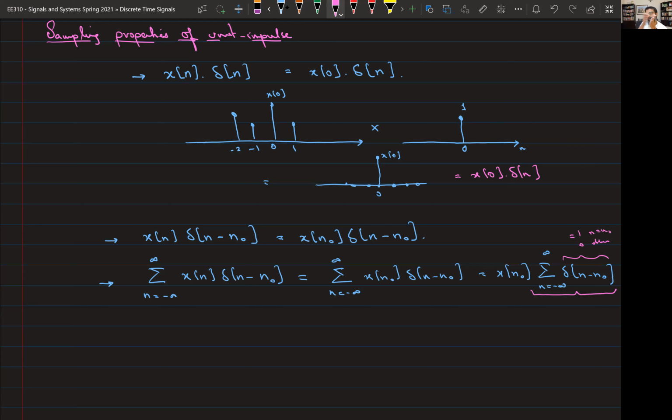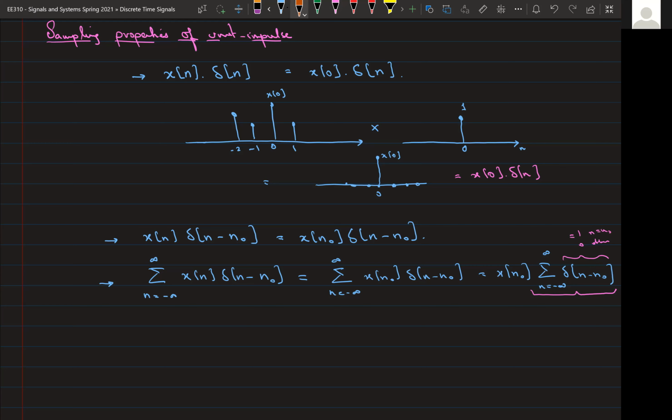So as I sum over n from minus infinity to plus infinity, I'm summing infinitely many terms here, but all of those terms are 0 except the term corresponding to n equals n naught, right? And therefore this must be equal to 1, right? So when you say Hamza, wouldn't it be the same? What do you mean by that?